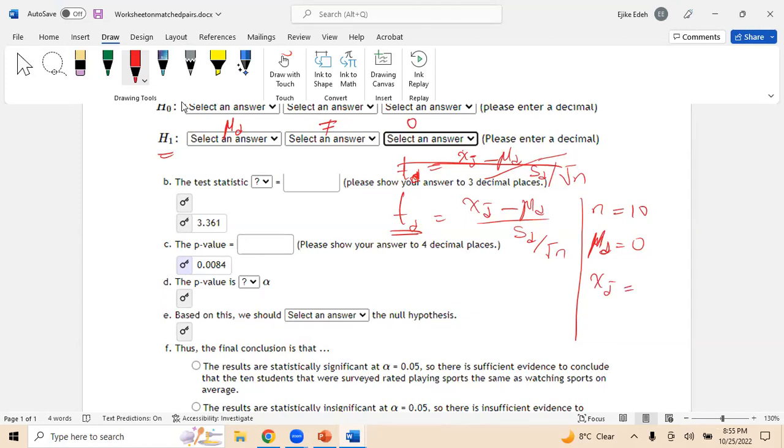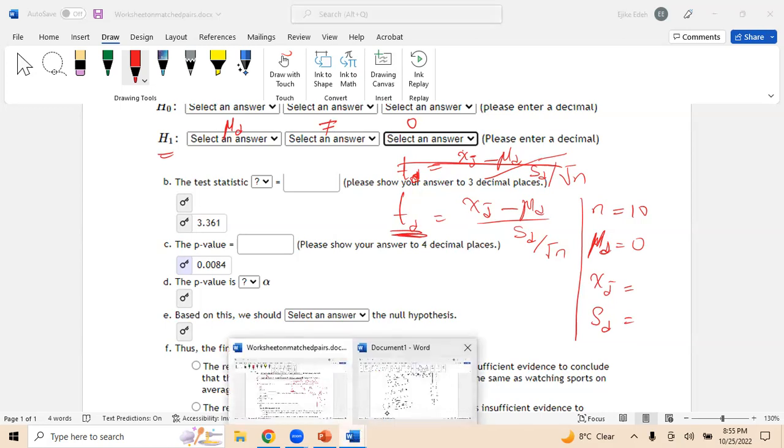Right, we don't know what it is. We're going to calculate it from the data, and we're going to calculate the standard deviation of the difference also from the data. So once we get these 2 items, with the 2 we already have, we're able to calculate the test statistic. Just plug into this formula, right? Okay, so let's go back there and finish up.